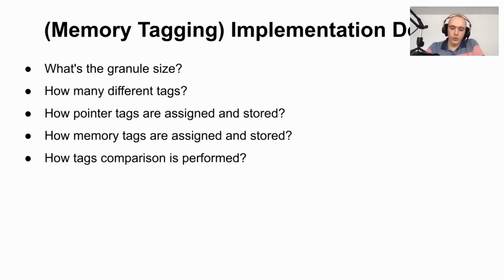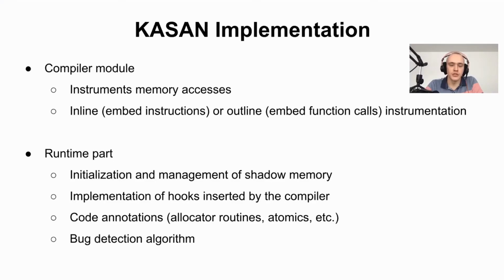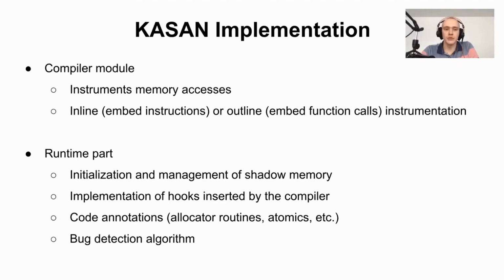Okay, so if you remember when we were discussing memory tagging, for a particular memory tagging implementation, we need to answer these questions. So I'm going to explain to you how KASAN works and then present the answers to all of those questions. First of all, most of the sanitizers, I think even all of the sanitizers that we have, consist of two parts.